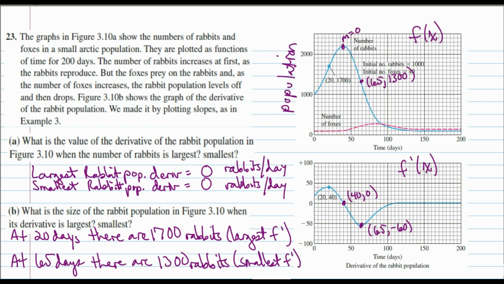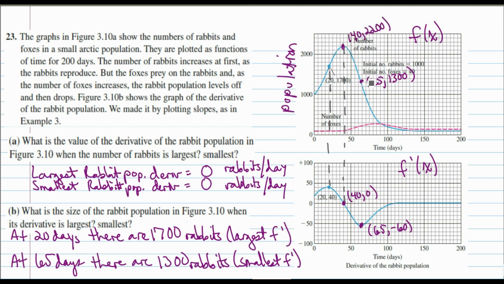So again, looking at the connection between the two. At 20 days, the number of rabbits is 1,700, but it is changing. It is increasing at 40 rabbits per day. At 40 days, the number of rabbits isn't increasing or decreasing. It's changing at 0 rabbits per day, but we have about 2,200 rabbits.